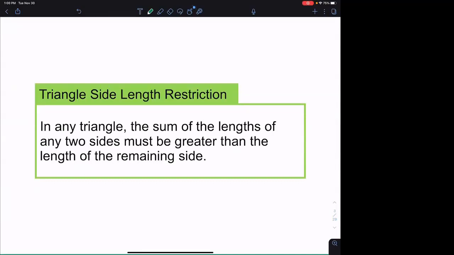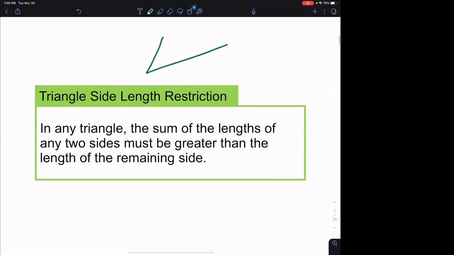In any triangle, the sum of the lengths of any 2 sides must be greater than the length of the remaining side. And again, if you just think about a basic triangle here, the idea is if I've got sides A and B and C, these sides may all be different. Two of them may be the same, all three of them may be the same. But if you add any two of them, it's got to be longer than the third one.